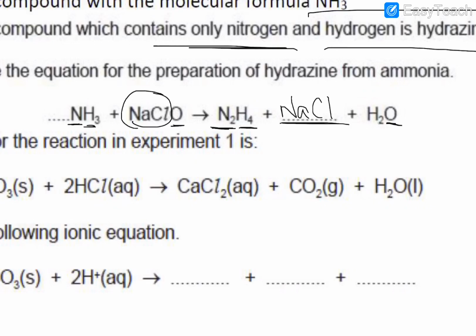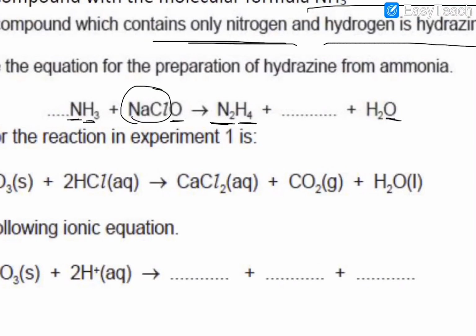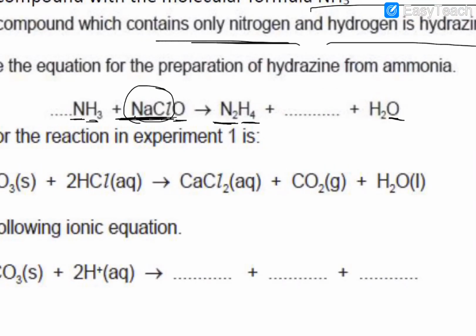If there would be 2 dashes, let's say it would ask you for 2 substances formed, then maybe it could be Na and Cl2. I'm writing Cl2 because it is diatomic. But since there's just one dash, it's asking you for only one product, and NaCl does not occur anywhere on the product side, which means that would be NaCl.